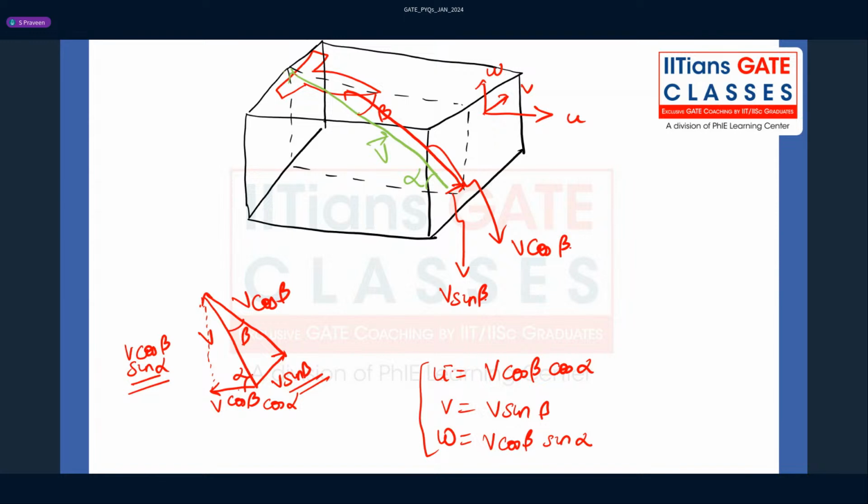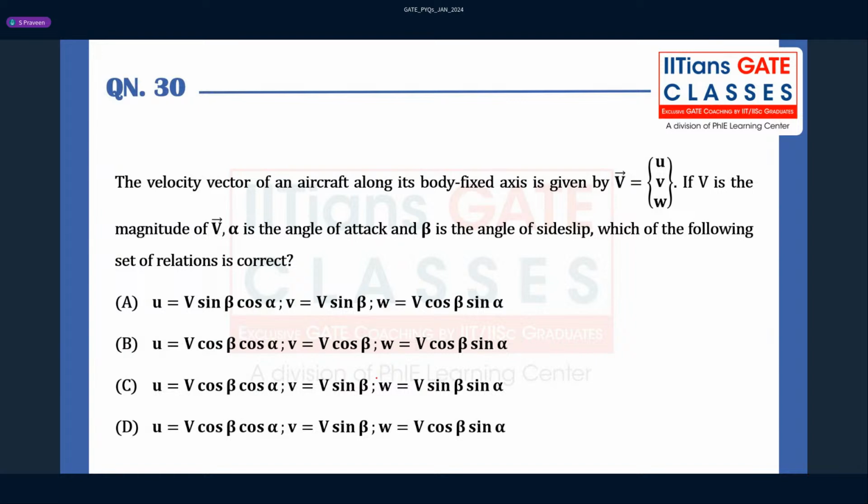This is the vector that we are looking for. So if I go back to the options and select the most appropriate one, it would be option D: cos beta sine alpha. Yeah. So D is my correct option.